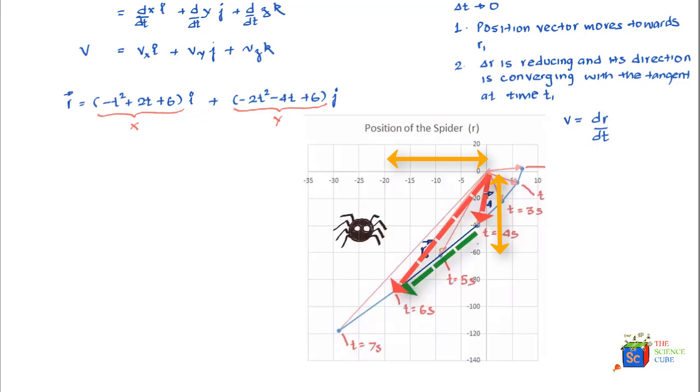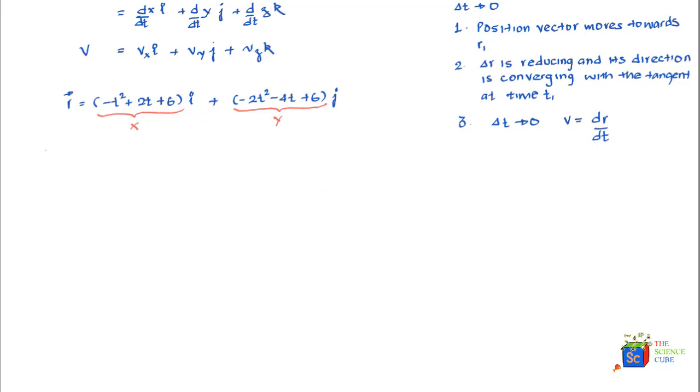Now if this is the situation, then we can say that instantaneous velocity of the spider at any time, v, is equal to dr upon dt, which is equal to (minus 2t plus 2) times i plus (minus 4t minus 4) times j.